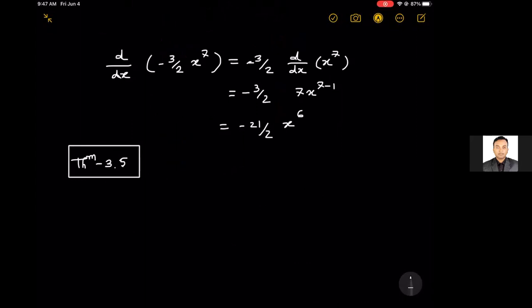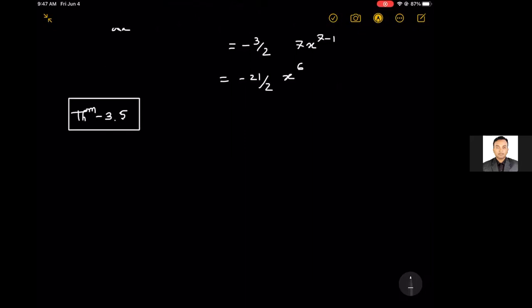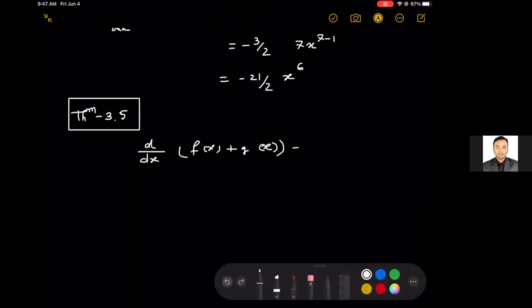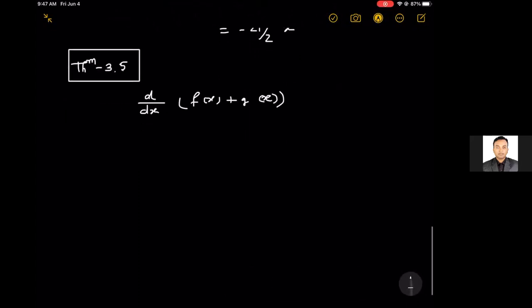And we'll use it several times as well. This will be really helpful. Let me show the theorem first, and then we'll see examples, okay? So let's say we have two functions, f and g, where both f and g are differentiable, okay?